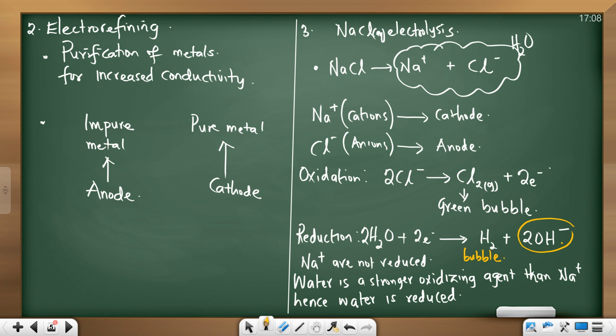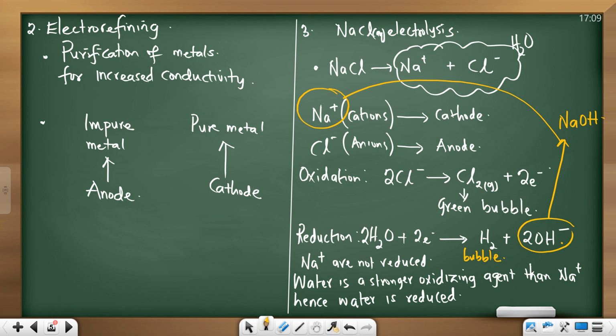What are we producing here? Hydroxide ions. Now, what do you notice? We form NaOH. So they'll ask you, why is the solution alkaline? Because a base is formed.